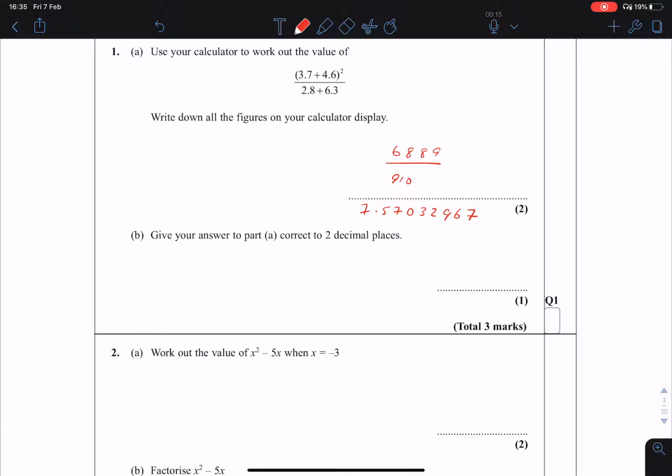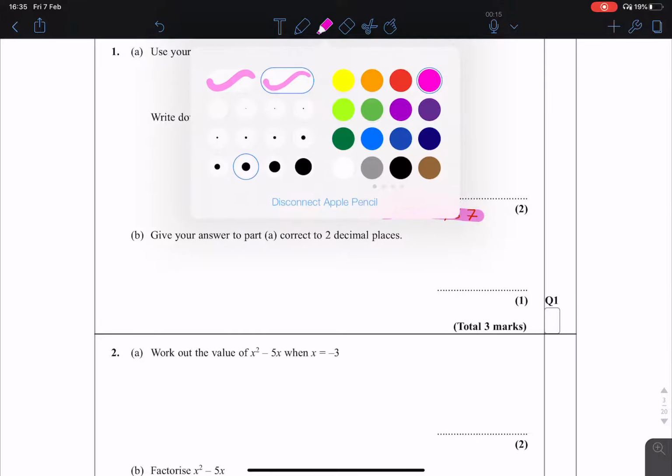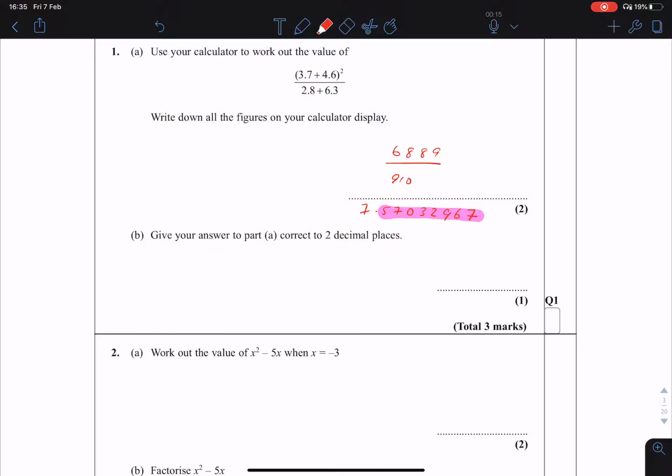So if we're looking at decimal places, what we're looking at are all of these guys right here. Those are all the decimal places that we need to have a look at. It says 2 decimal places right there, so I'm only going to be looking at these 2 decimal places here.